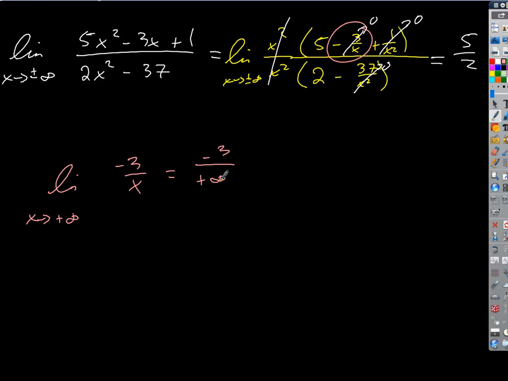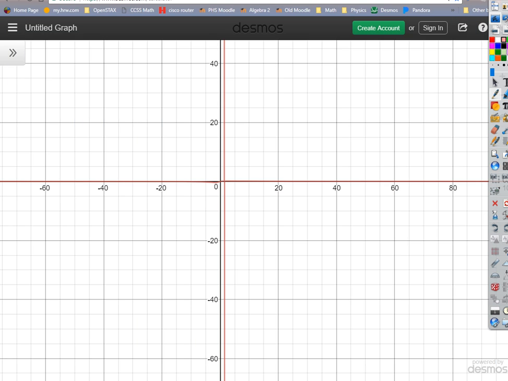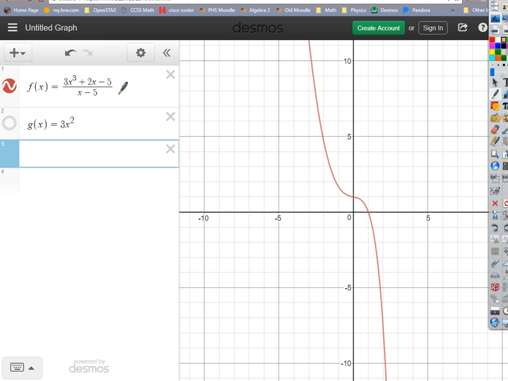If I have a finite numerator and the bottom blows up infinitely big, what's that doing to the fraction? In the limit, it's infinitely small. It's making it really small, isn't it? Think about the progression here. Let's look at Desmos. How can I do this easily in Desmos? I'll just graph that function.